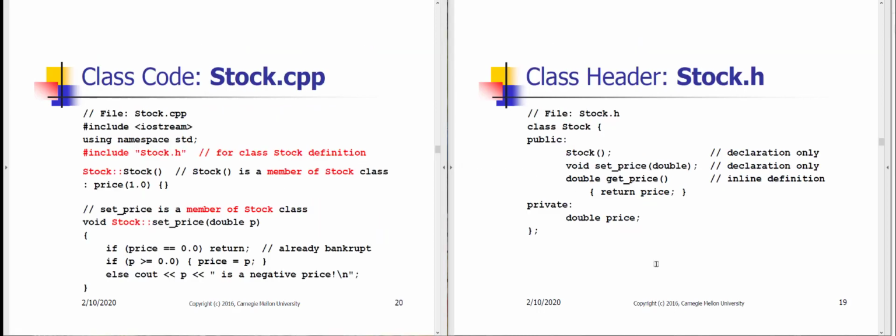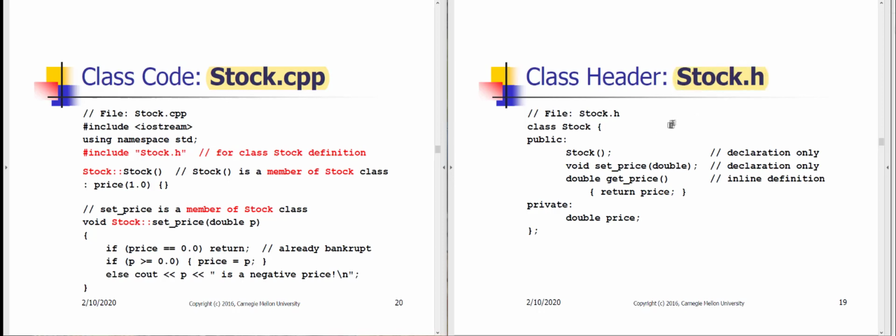Okay, so here on 19 and 20 are the definition of the stock class stored in the stock.h header file, and the implementation of member functions stored in the stock.cpp code file. Now there's an illustration on slide 18 that I have decided to skip over, and I'll come back to that in a little bit. So the header file is what application developers are able to see.